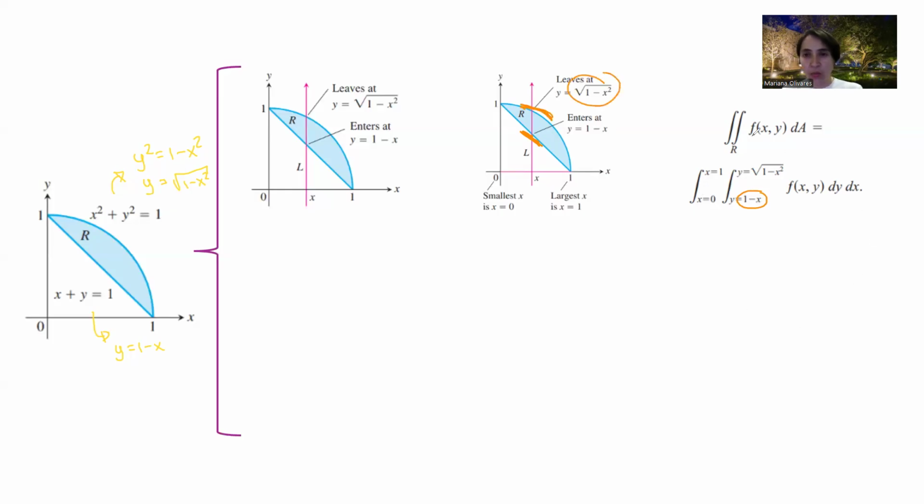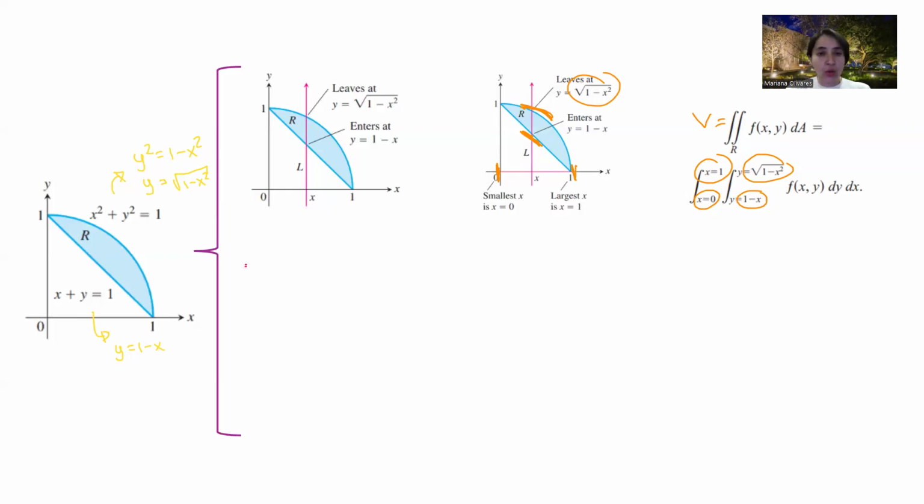So this has to be our upper limit, the one that we have here. And later, we have the smallest value of x and the highest value of x, 0 and 1. Because in this case, we have function times differential of area, that means that this formula is calculating the volume. Which volume? The volume that is between the floor, this differential of area, and the function, which is our z. So with that, we're calculating the volume here, okay?